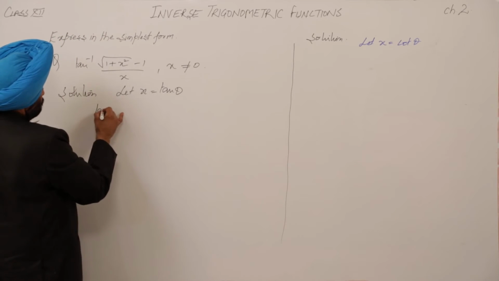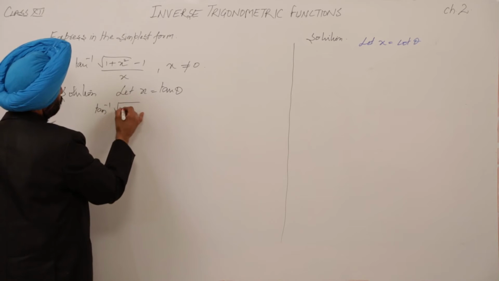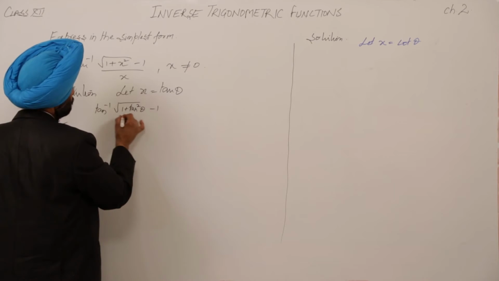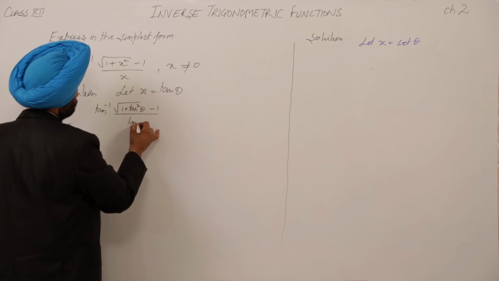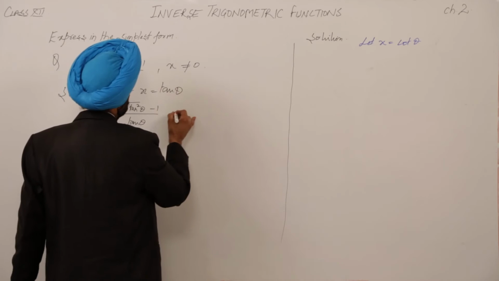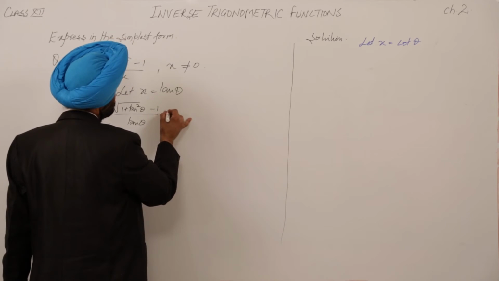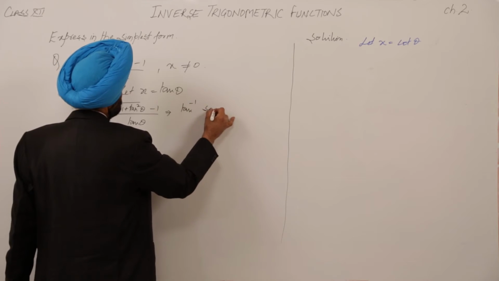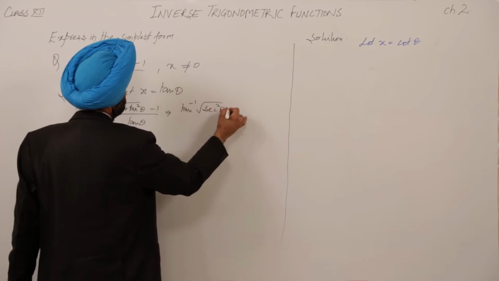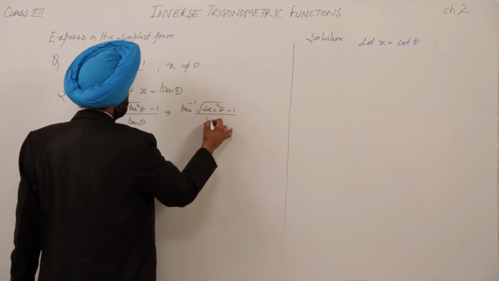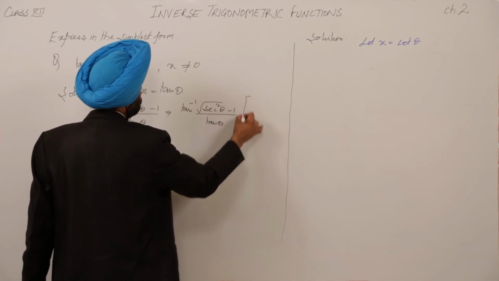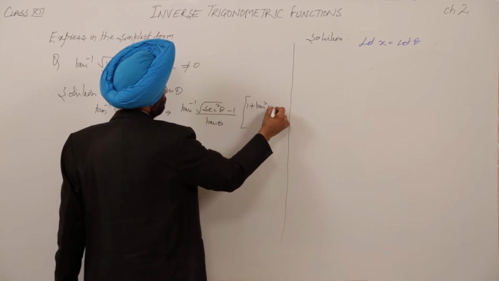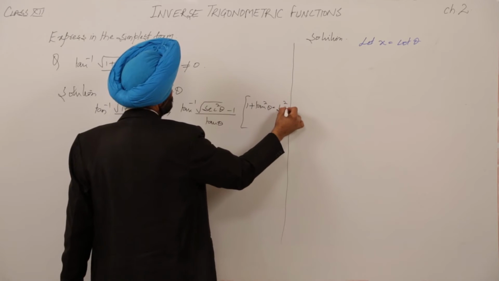Now tan inverse under the root 1 plus tan square theta minus 1 upon tan theta. Now we can just give a reason here. Next step is, for this one it becomes tan inverse square root of secant square theta minus 1 upon tan theta, and here you can put a reason that 1 plus tan square theta is equal to secant square theta.